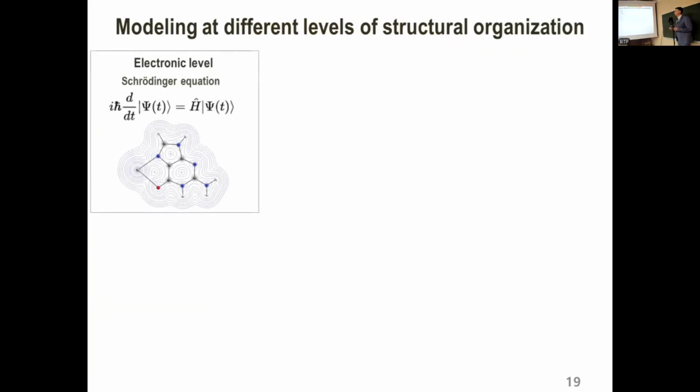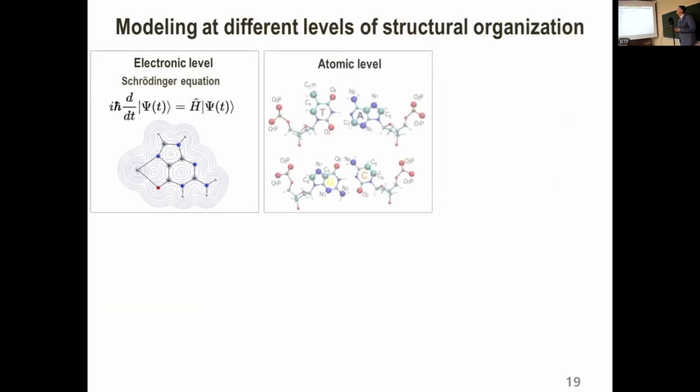Also, at different levels, we have different methodology. Of course, in the case of the electronic level, we solve the Schrödinger equation for the molecule with electrons.